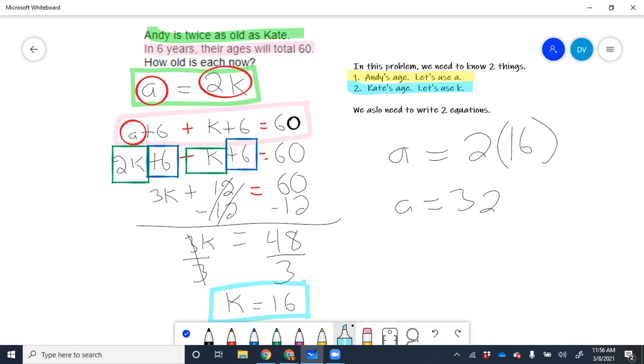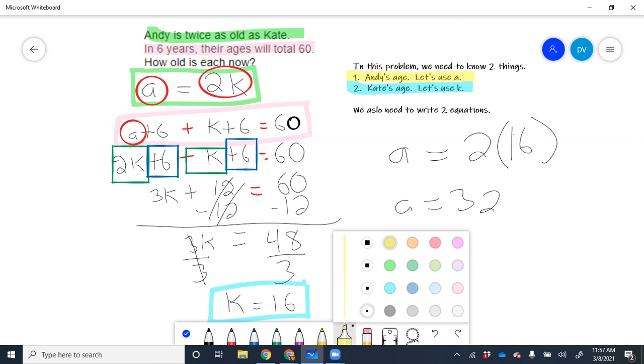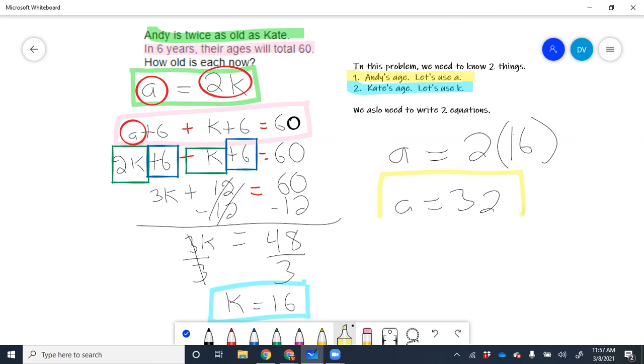And that's the other answer that we wanted. Doesn't really matter which one we write first, but that's in the yellow highlight there. And that represents Andy's age. So Andy's age is 32, and Kate's age is 16.